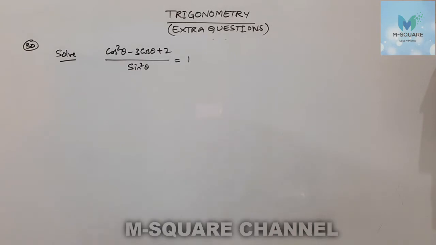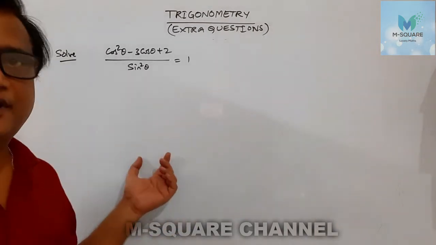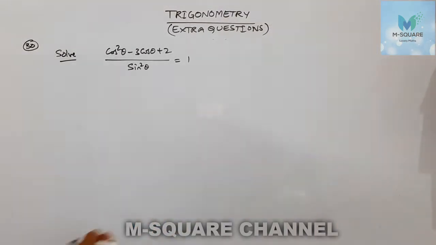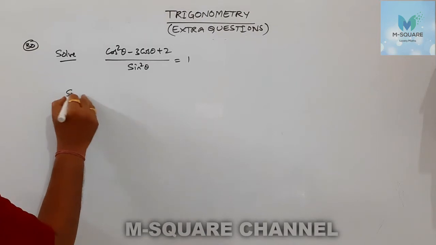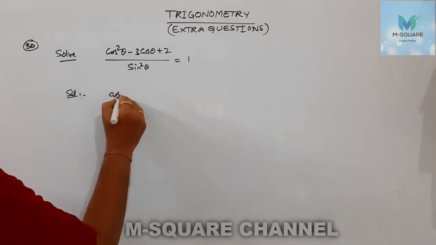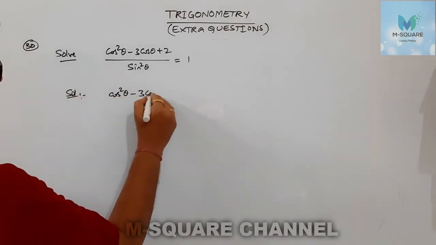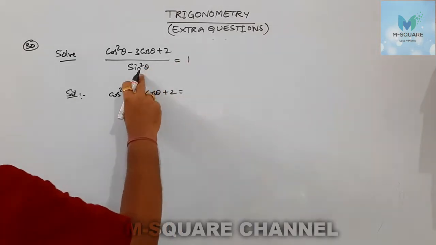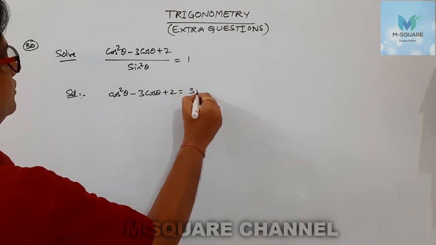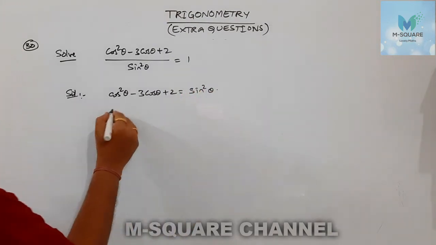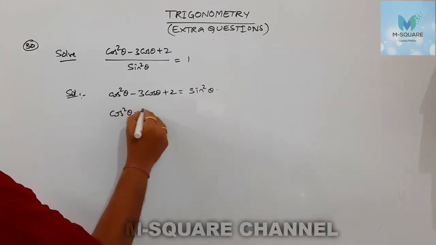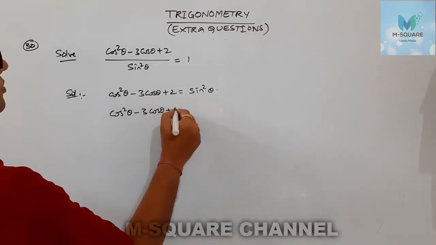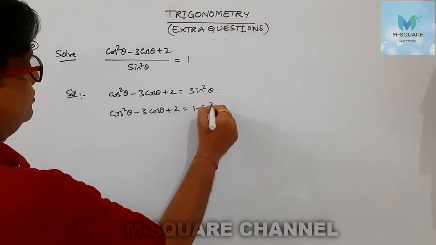In this question, solve cos square theta minus 3 cos theta plus 2 by sin square theta equal to 1. Solve means we are going to find the value of theta. So the solution is like this. Cos square theta minus 3 cos theta plus 2, this denominator goes to the other side, so sin square theta will be there. After that, cos square theta minus 3 cos theta plus 2 equals 1 minus cos square theta.